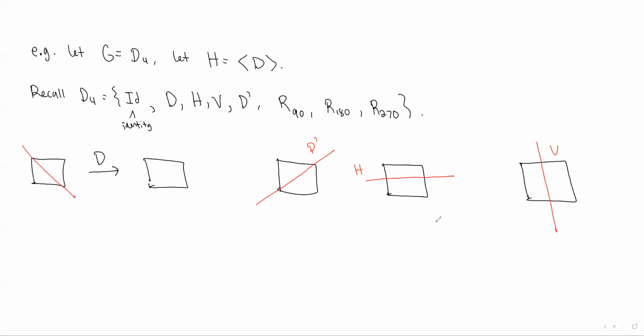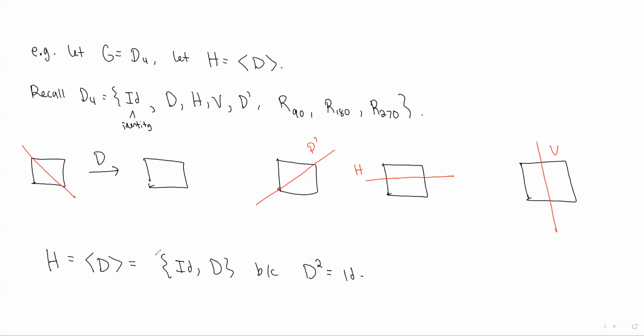So that's D4. And H is just the subgroup generated by D, which is just the identity and D. Because D squared is just the identity, right? The subgroup generated by D is supposed to include all powers of D, but D is a reflection. So there's just D and the identity, because D squared is the identity, D cubed is D, D to the power 4 is the identity.